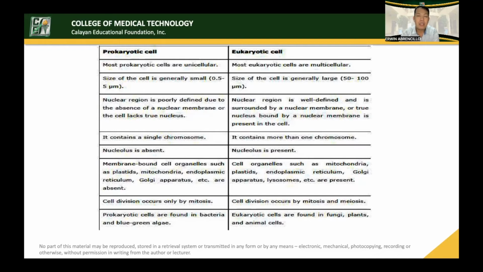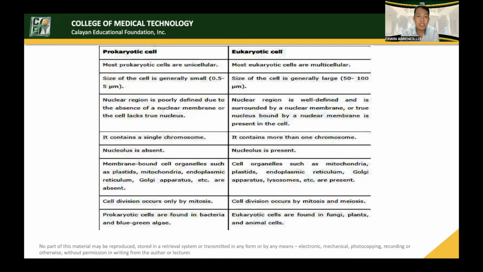When it comes to cell division, the ability for them to grow or to divide, for prokaryotic cell it is only binary fission. They do not reproduce sexually, so that's why they do not have meiosis. They are very simple organisms.